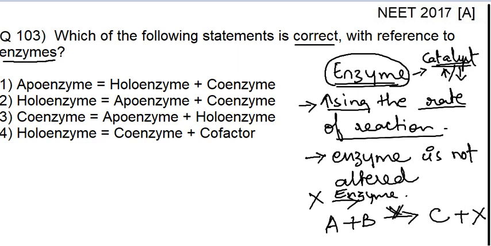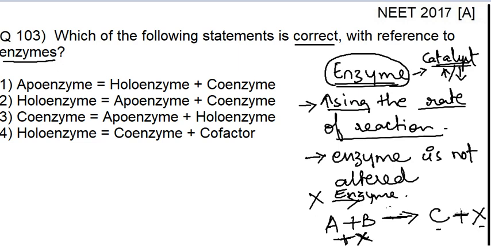I am removing X from here and placing it here. Why plus? Because X is a catalyst, and without X this reaction is not possible. The combining of A plus B is not possible, and C cannot be formed. Similarly, you can see X is also there on the product side.